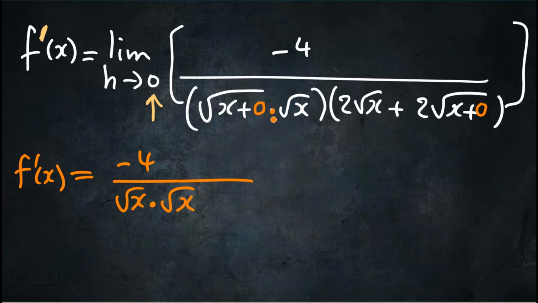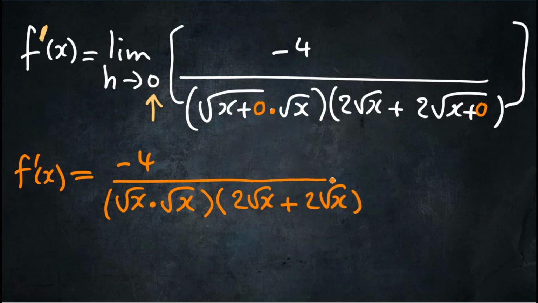This is the multiplication, bracket 2 root of x plus 2 root of x. Root of x times root of x is x, and 2 root of x plus 2 root of x is 4 root of x. So this is x and this is 4 root of x.